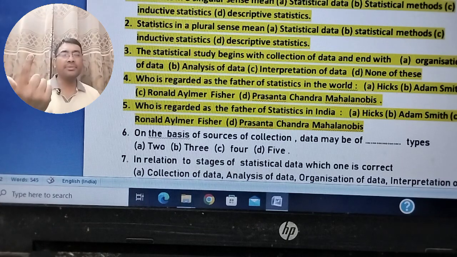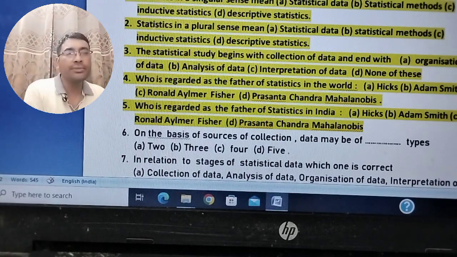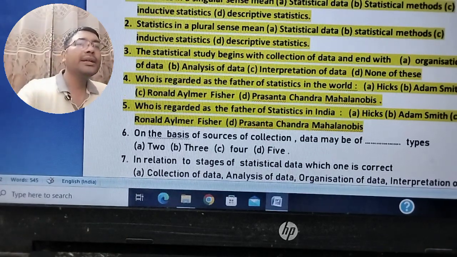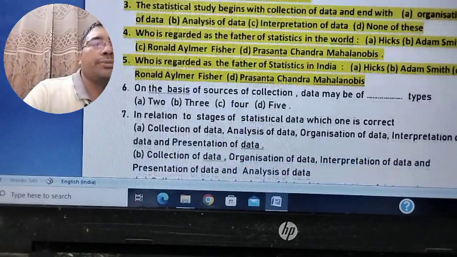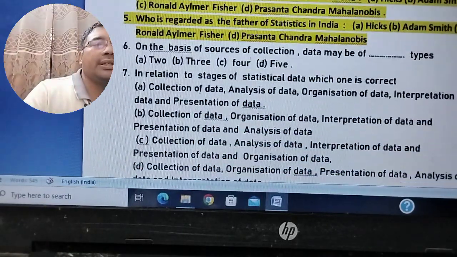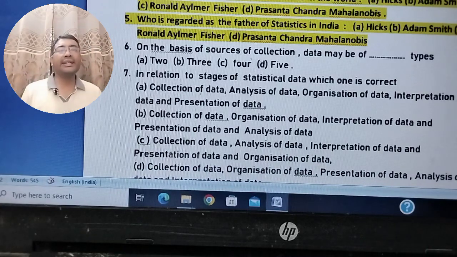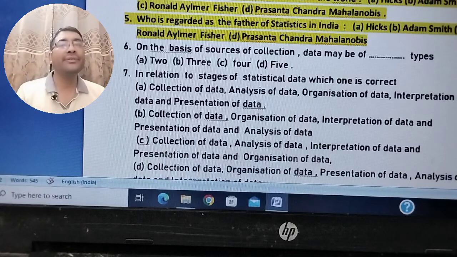Data may be of two types, that is primary data and secondary data. So the right option for question number 6 is 2. Now let's go to number 7. In relation to stages of collection of statistical data, which one is correct?